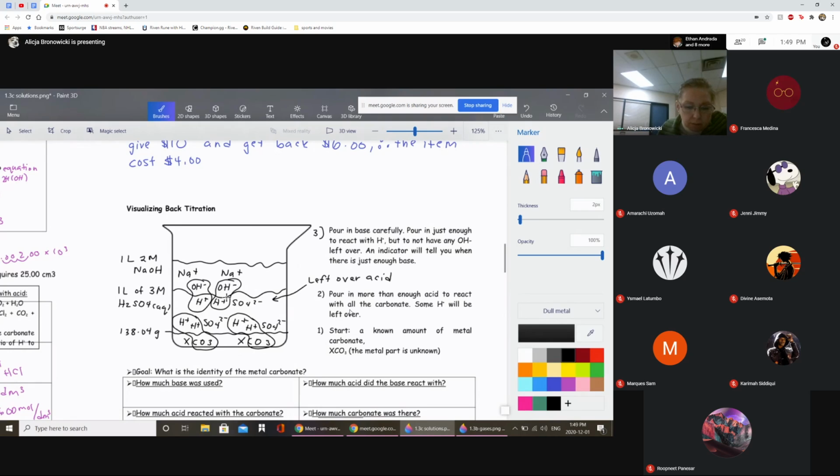After I've poured in 1 liter of sodium hydroxide, my indicator changes color, tells me it's neutral.